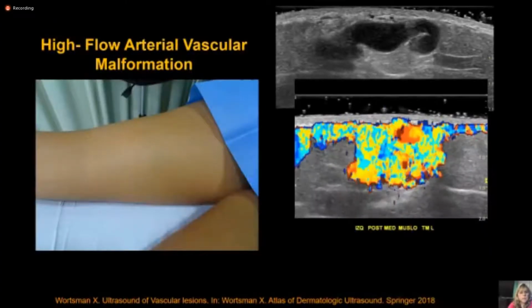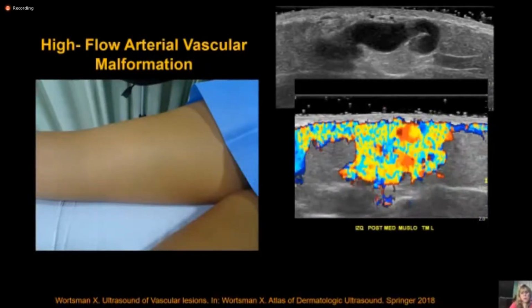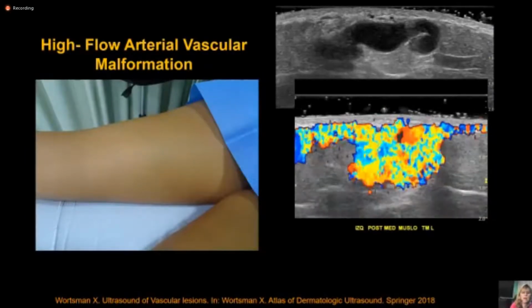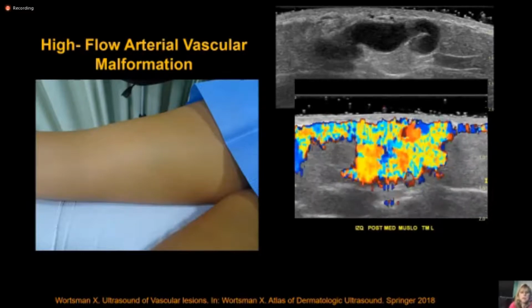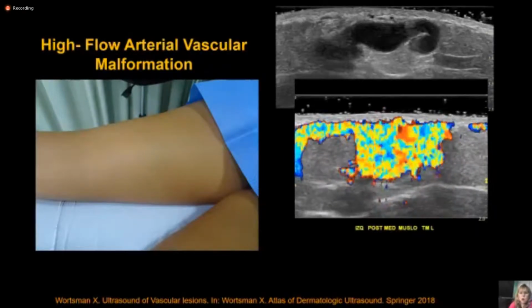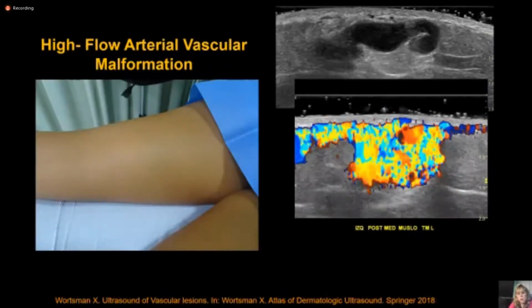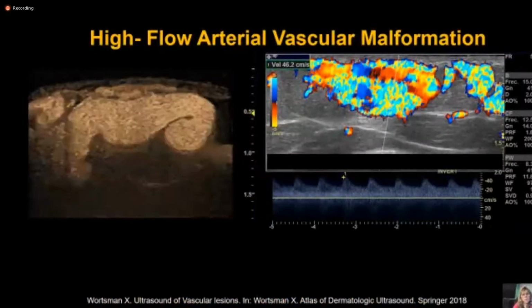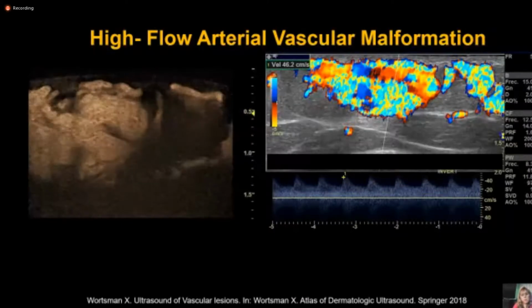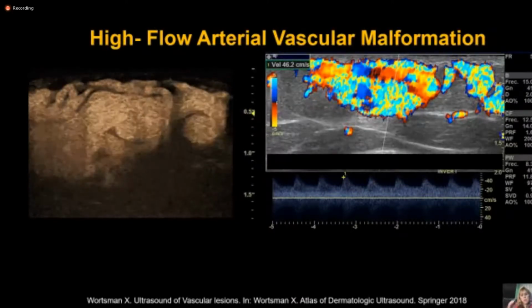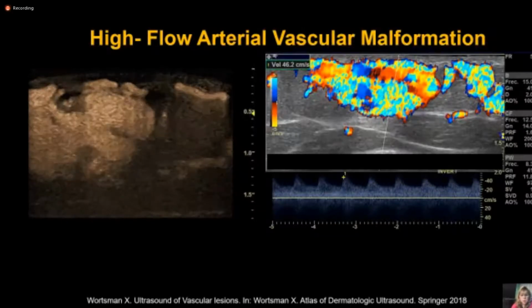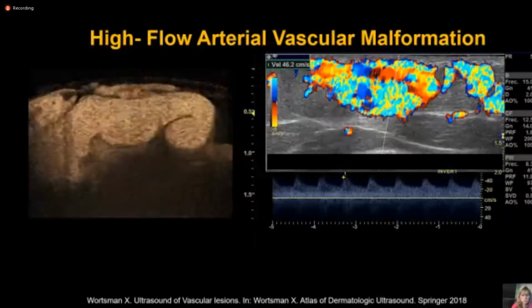The high flow arterial vascular malformation, as you have here, usually presents a high degree of blood flow on color Doppler or power Doppler, as you see here. This is an arterial vascular malformation, as you see by the pulse Doppler, with a very high vascularity.